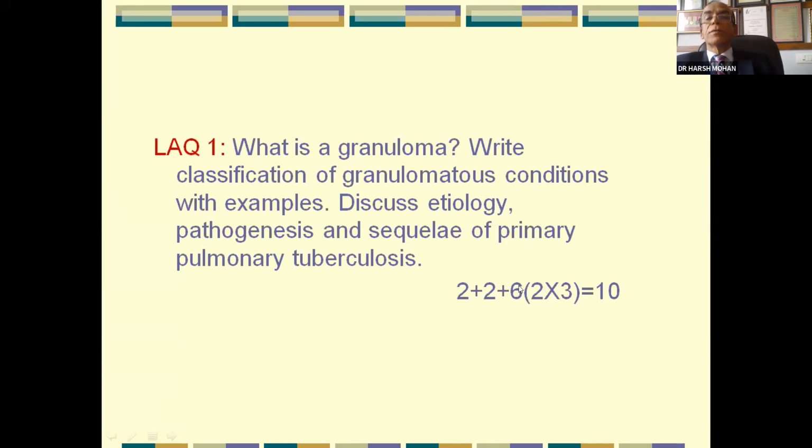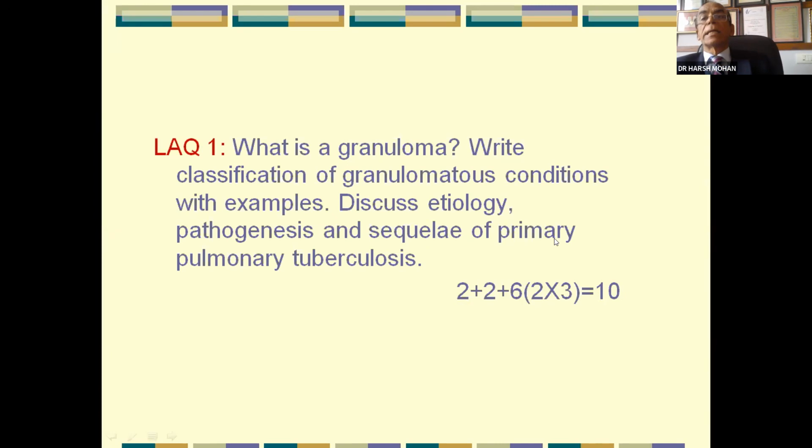So each of the 5 components in this long question or essay type question carries 2 marks. 2 marks for granuloma definition, 2 marks for classification of granulomas, 2 marks for etiology, 2 marks for pathogenesis, and 2 for sequelae of primary pulmonary tuberculosis, all these 3. So we have to be more specific and pinpoint that we are asking about primary pulmonary tuberculosis and not all about it.